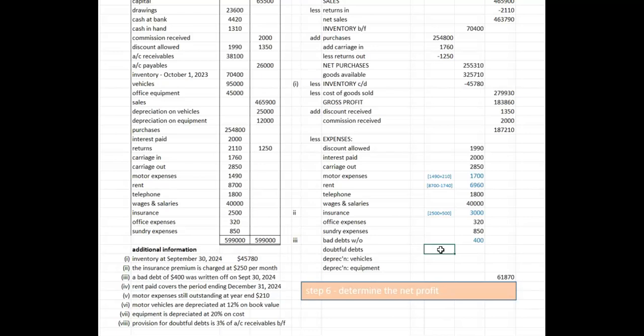Then we have that the motor vehicle is depreciated on the book value. So what is book value? Book value is cost minus depreciation. So clearly, I got to get the cost figure, which is 95,000, take away all the depreciation that exists on that vehicle, which is 25,000, and that will give me that the book value is 70,000.